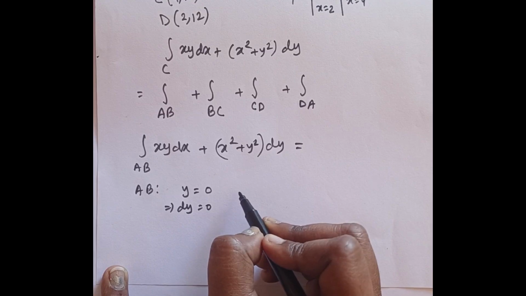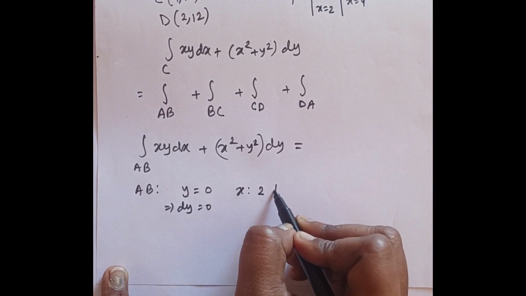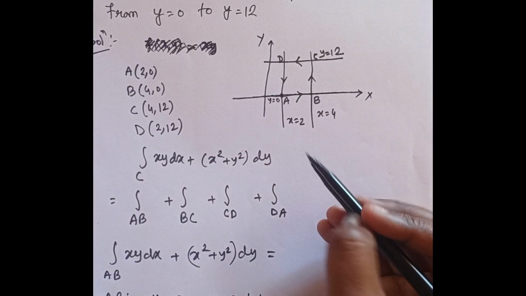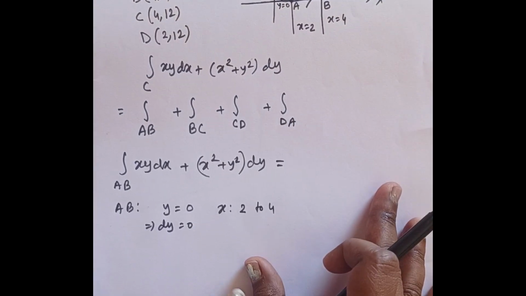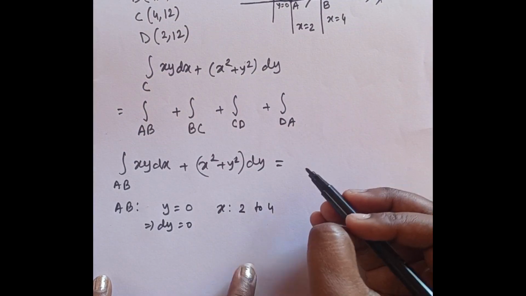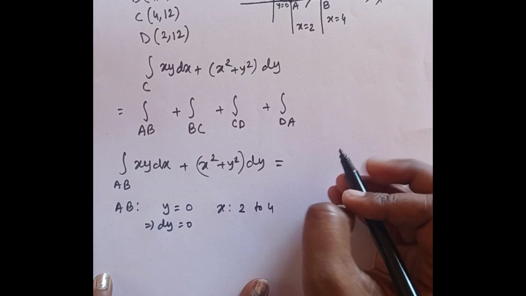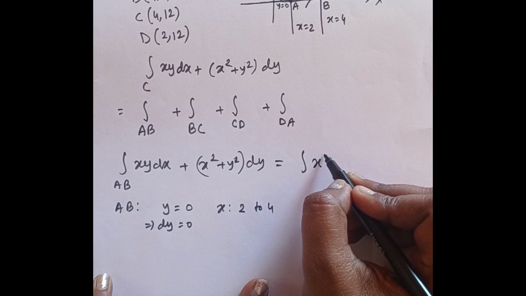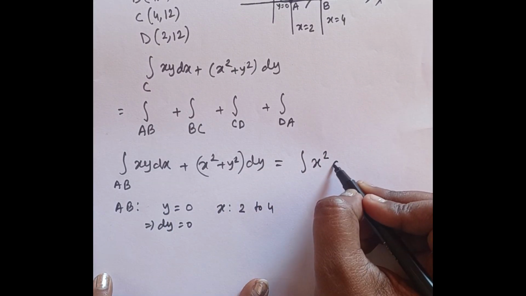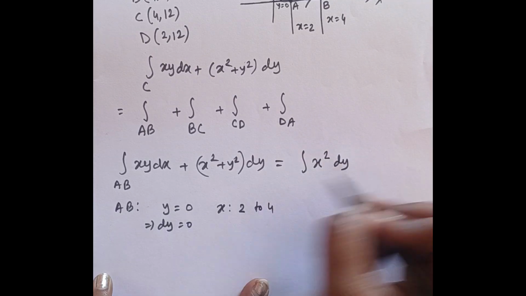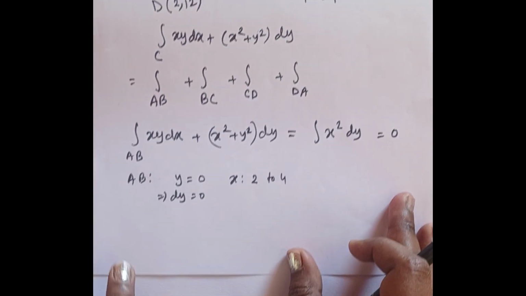So dy equal to 0 and x goes from 2 to 4. So we will substitute all the values in this integration. Y equal to 0 means the first part is 0, and in the second part only x square and dy equal to again 0. So the total integration is equal to 0.